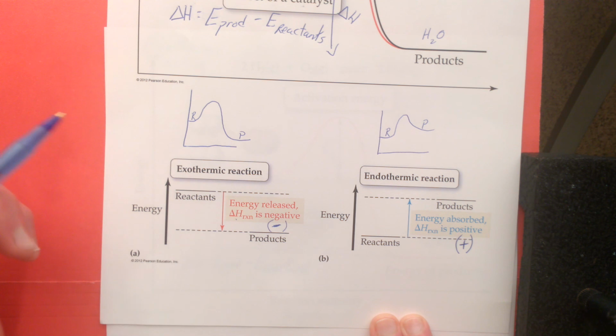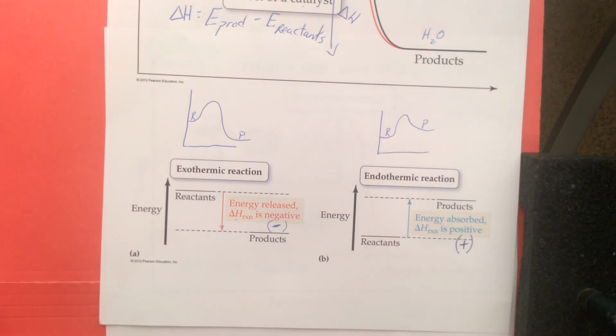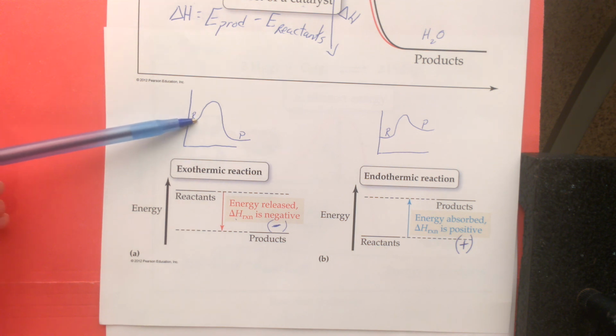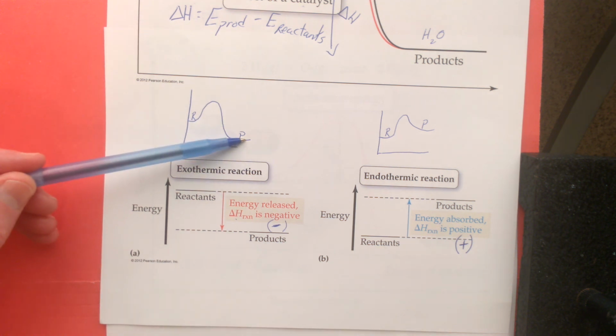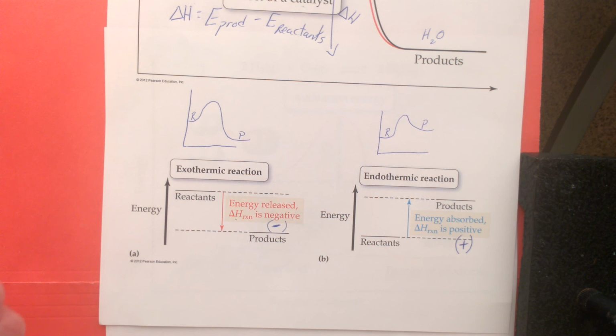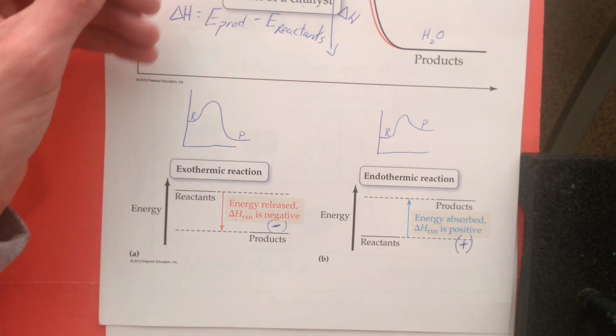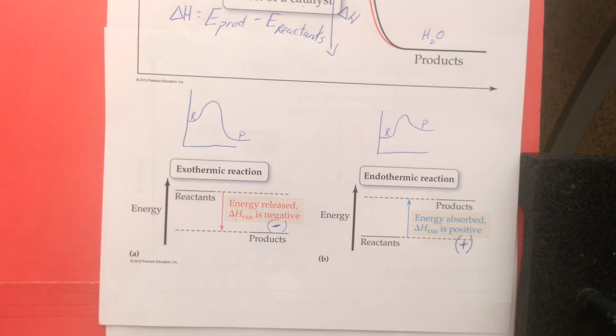And finally, a catalyst just gets you from the starting reactants to the products quicker, sooner, by lowering the activation energy. It does not change the value of the enthalpy of reaction. It does not change your delta H value.